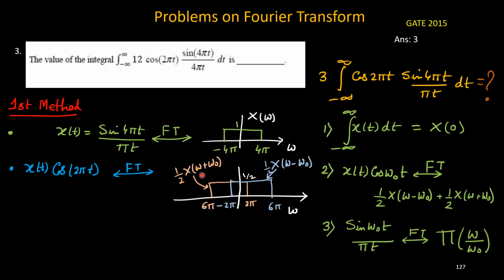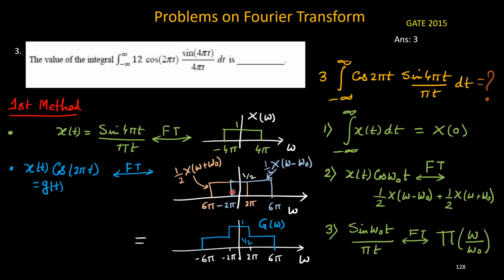Then I need to add these two. You see this region, minus 2π to plus 2π, both functions are overlapped and both values are half. So if you add half plus half, it will become 1. On the other side, only one of them exists, so it will remain there.